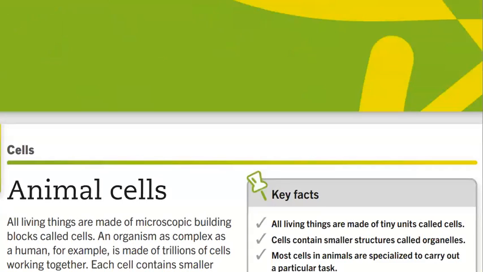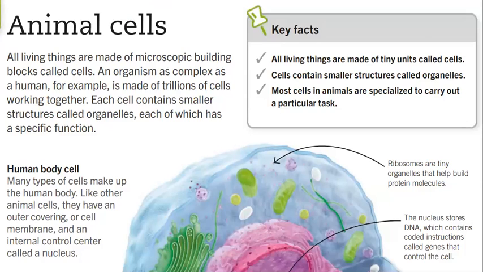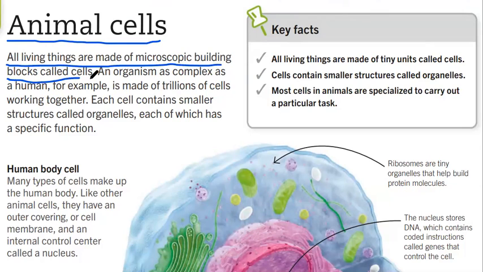The first thing is, what are animal cells? We'll discuss animal cells in this lesson. Actually, all living things are made of microscopic building blocks called cells, and an organism as complex as a human, for example, is made of trillions of cells working together.